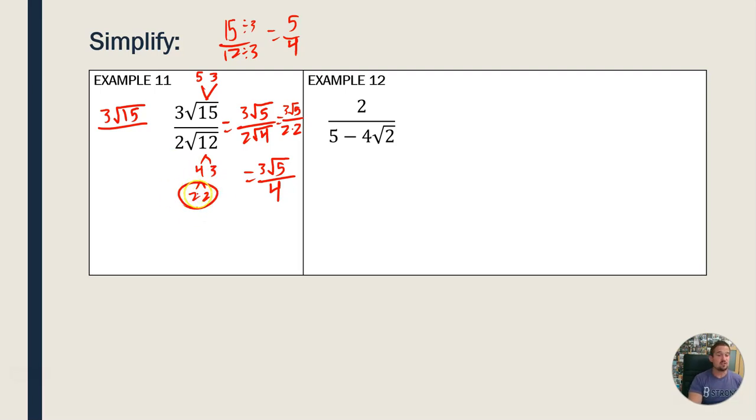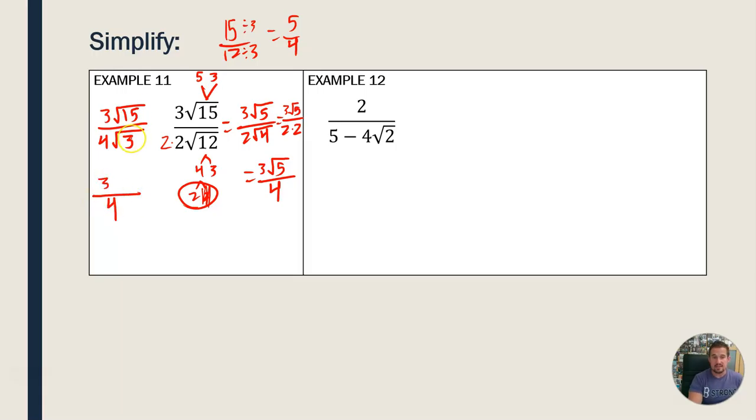And alas, I have a 2 that can escape from prison. Okay, so I end up with out in front, I have 2 times this 2 that's escaping, which is 4, times the square root of this 3 that was left on the inside. Okay, so now I have 3 square root of 15 over 4 square root of 3. Now let's see if I can simplify either the coefficients or the radicands. Well, 3 over 4 can't simplify.